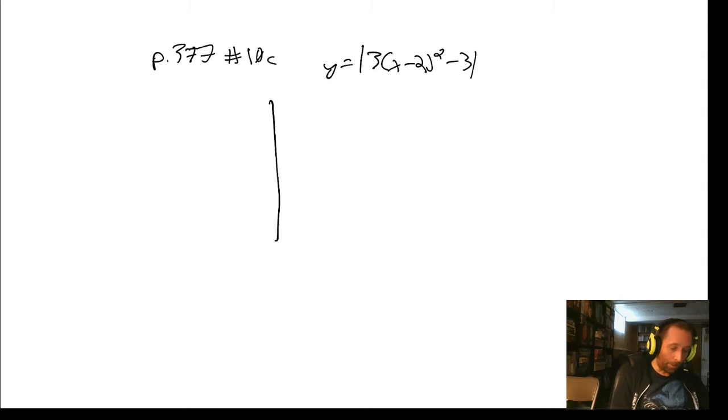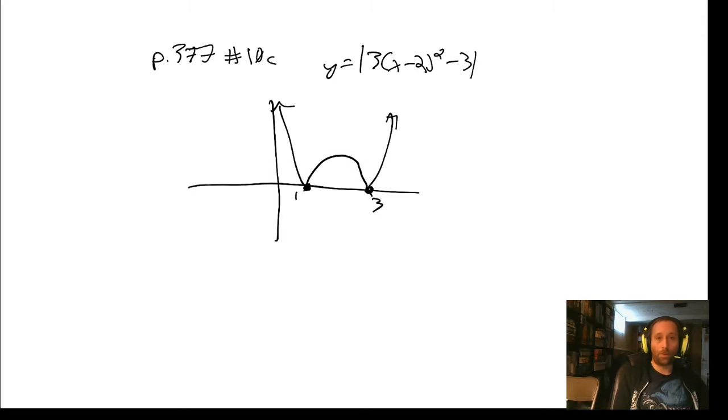And I'm going to do a very rough graph of the function that is in the textbook. Something like that. So this is all given to you in the problem. And what you're asked to do is to find the piecewise function.